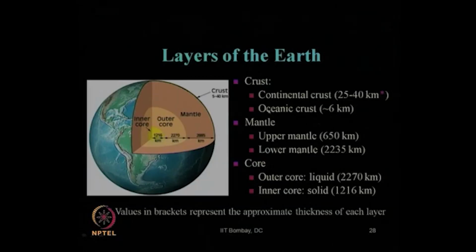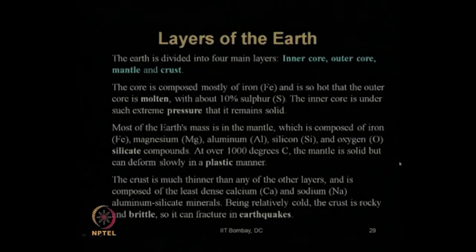Also, from our experience, the majority of earthquakes occur within the depth of the upper mantle thickness, that is about 700 kilometers from the ground surface, which is the crustal thickness plus upper mantle thickness. The shallow earthquakes occur mostly within the crustal plate.